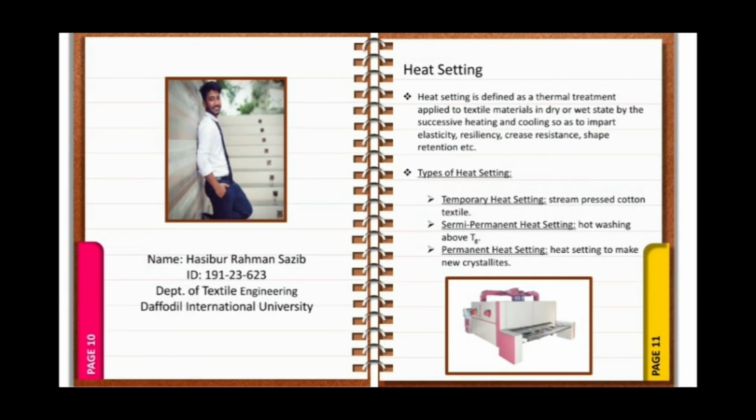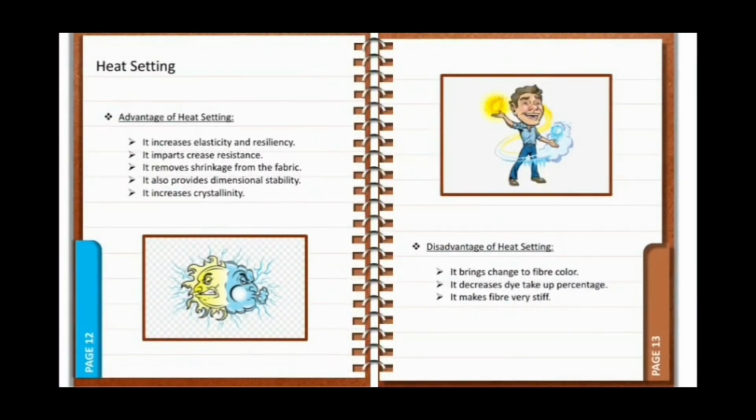This is applied to a material above its Tg and given a specific form, such as hot washing above Tg. Permanent heat setting. This type of finish lasts until the material is destroyed, such as heat setting to make new crystallites.